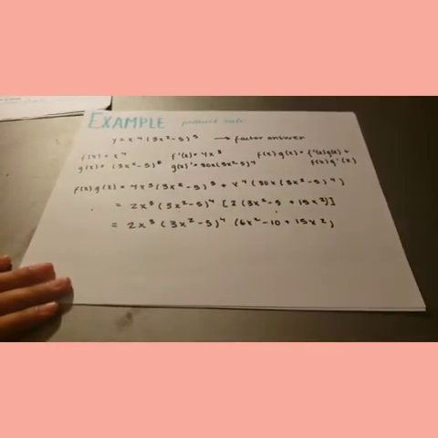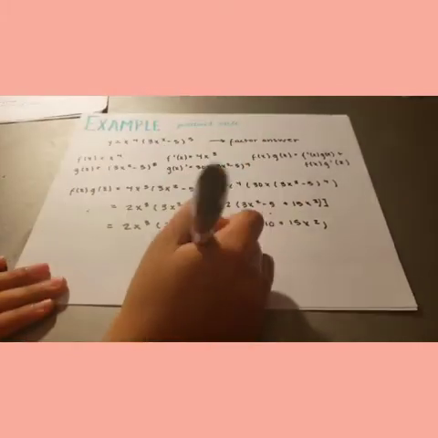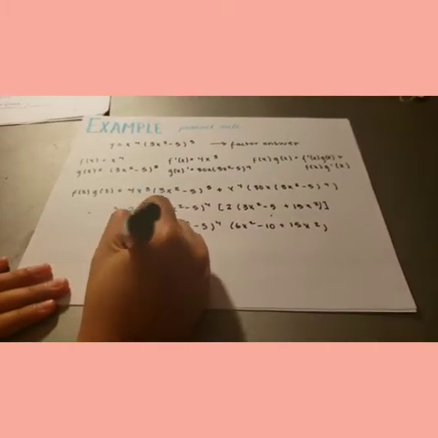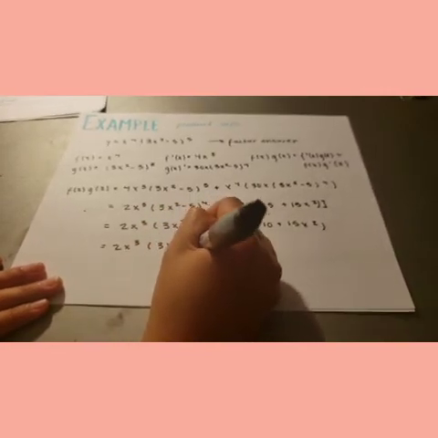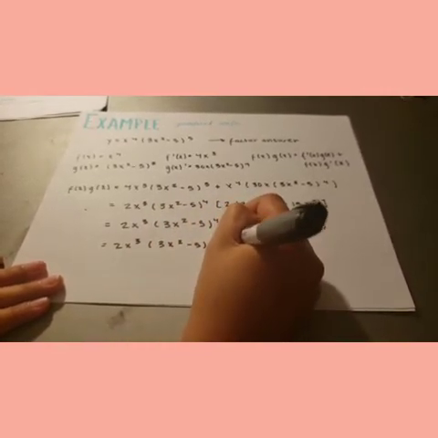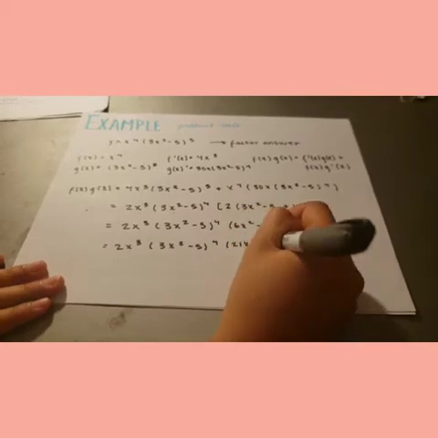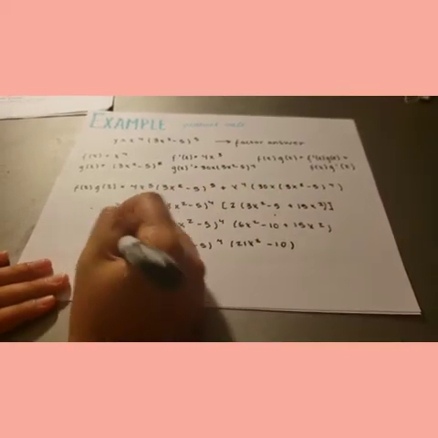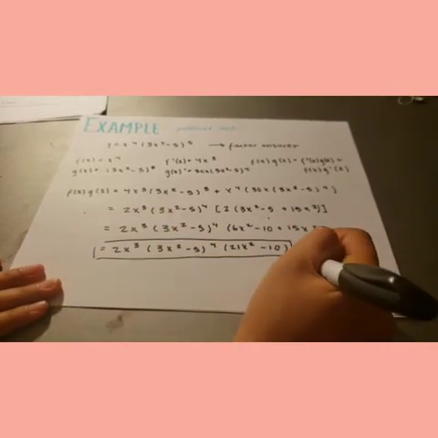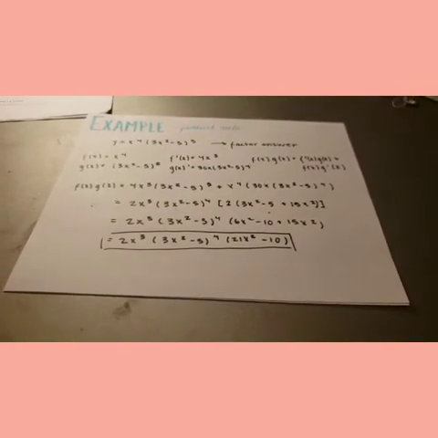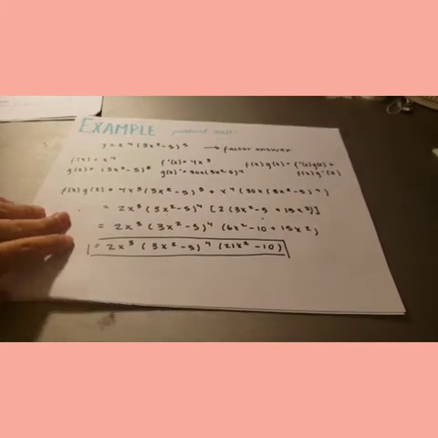So then, once we simplify again, it will end up being 2x to the third, 3x squared minus 5 to the fourth, times 21x squared minus 10. And that's our factorized differentiated equation. And that's the product rule.